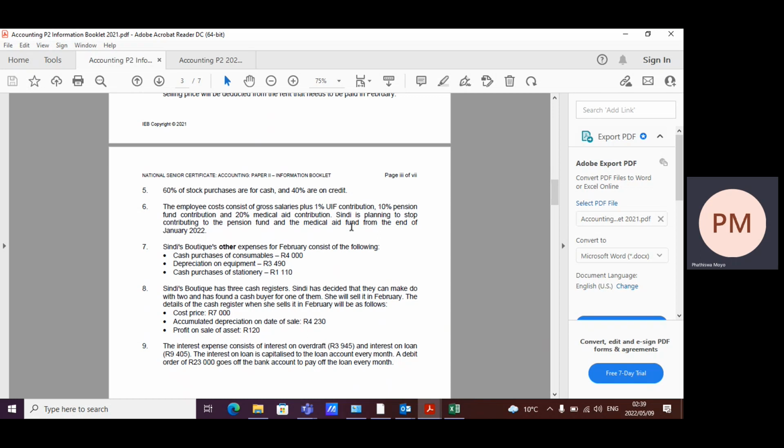So it's 131. Cindy is planning to stop contributing to the pension fund and the medical aid from the end of January. So the only thing they're contributing is the UIF. So now from 131, they're contributing 101. So we must calculate.